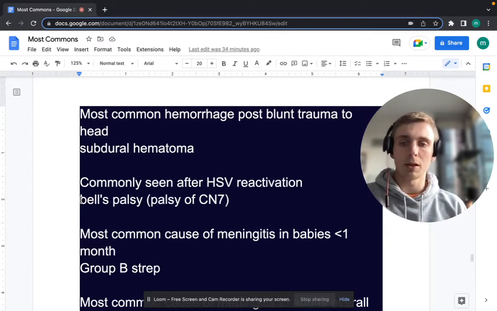How can we differentiate Bell's palsy from a stroke just by looking at the face? In both Bell's palsy and a stroke, they're going to have the ability to raise the eyebrows. But in Bell's palsy, cranial nerve 7 also innervates the muscles that lift up the eyes, so you're going to have inability to lift up the eyelids in cranial nerve 7 palsy, whereas in stroke, they should still be able to shrug the eyelids.